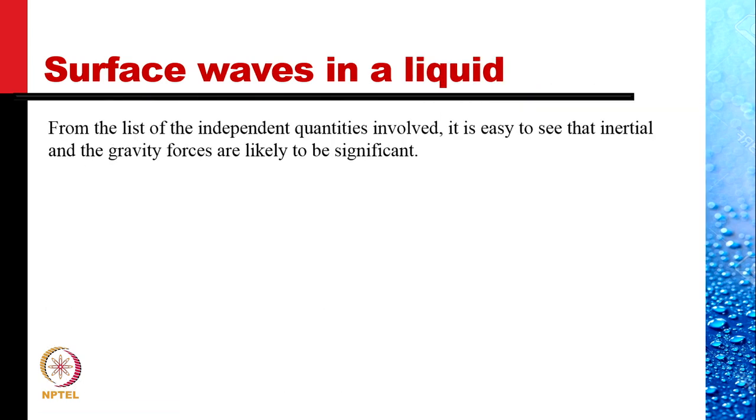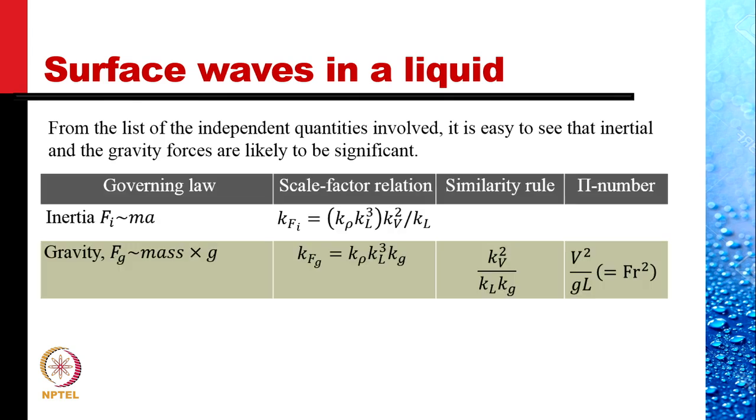From the list of independent quantities involved, it is easy to see that only the inertial and the gravity forces are likely to be significant. So we will invoke the law for the inertial and the gravity forces. These are the relevant scale factor relations.